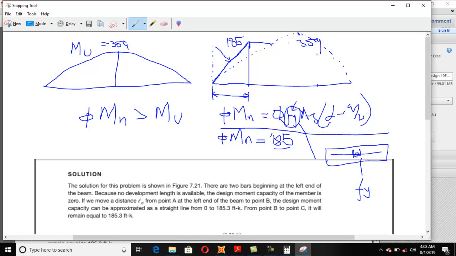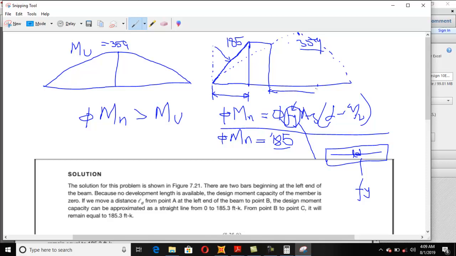Clear? Now what you need to do is increase your value to reach this value. Clear? So therefore here we calculate this distance also, because after this point you need to provide 4 bars.